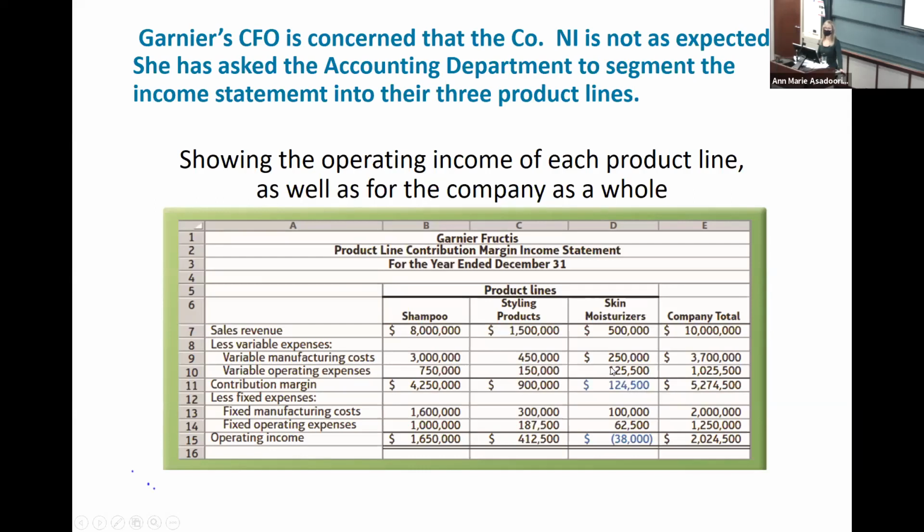That will no longer come in if I eliminate it. What I need to do now is look at these fixed costs, right? Again, the accounting department does not tell me which ones have been allocated and which ones are directly caused by the segment. So I'm going to have to give you some more information here in order for you to tell me which of these fixed costs are actually going to save me real dollars.